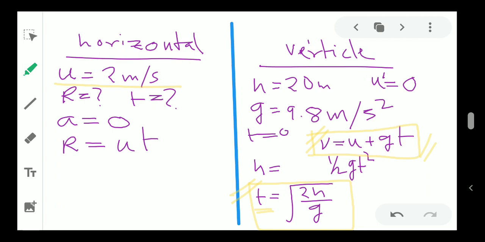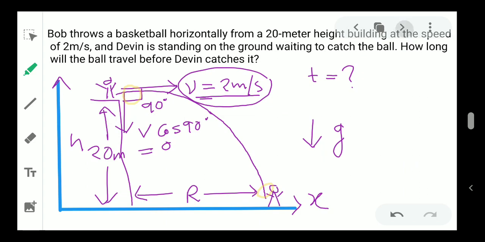Also, once we get the time, if we just put the time here, we know the u, that is 2, we can find out the value of r as well, right? So this is the approach you should have. So this one is done.